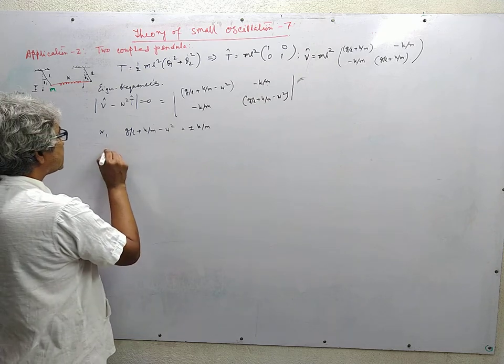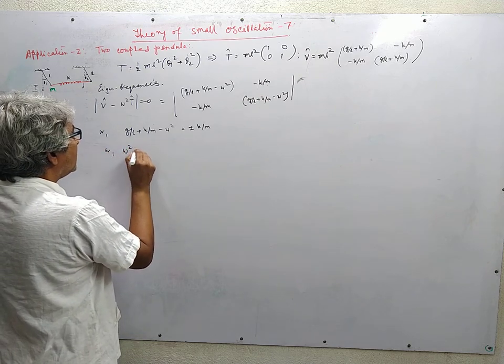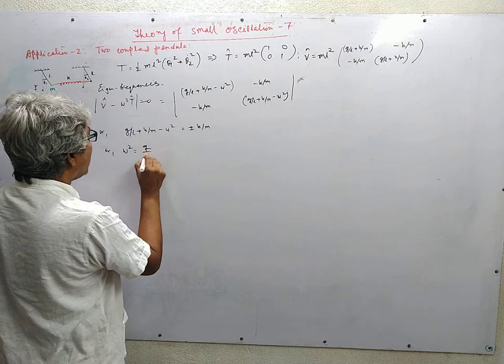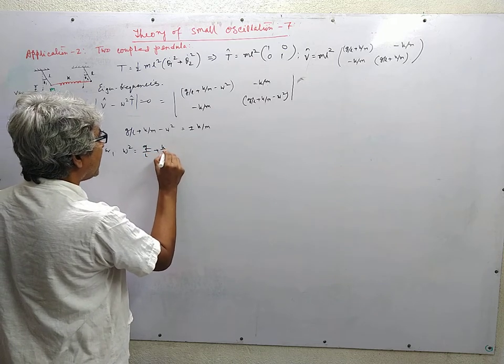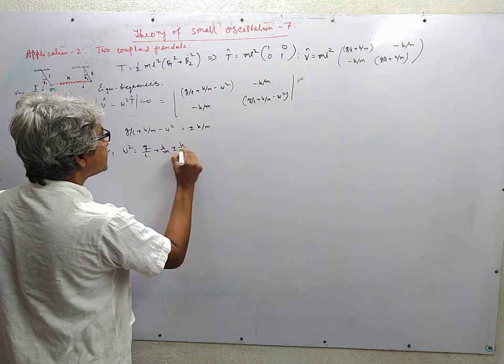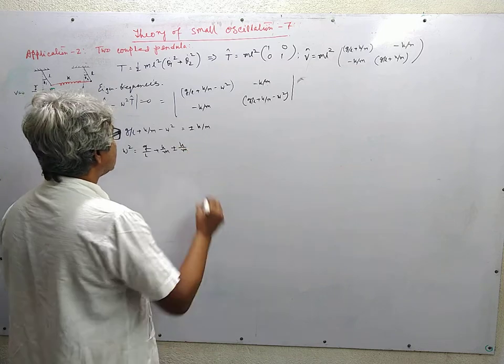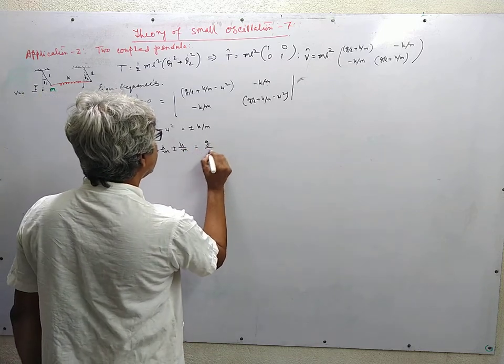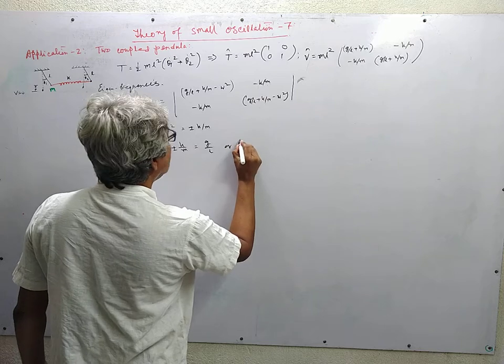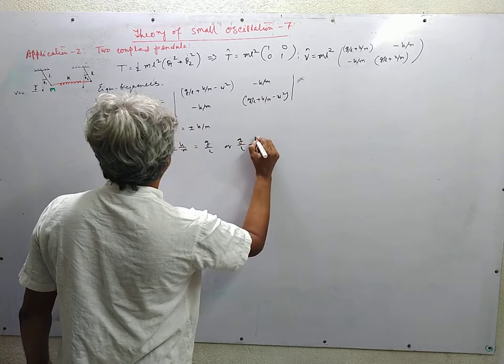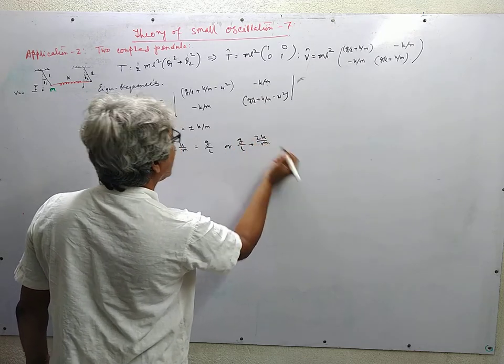So omega square is equal to G/L + K/M plus minus K/M. So this is either G/L or G/L + 2K/M.